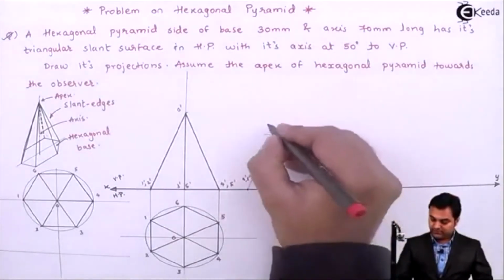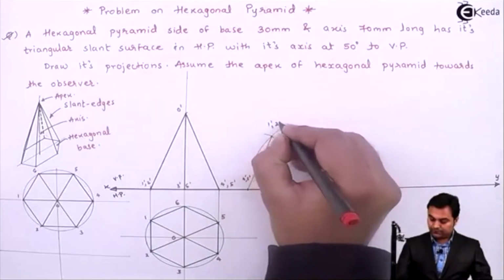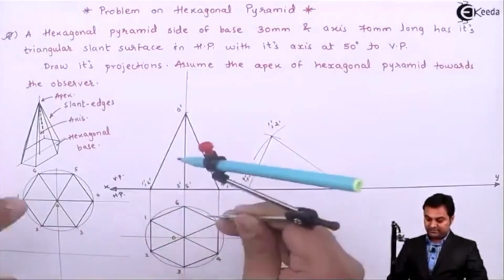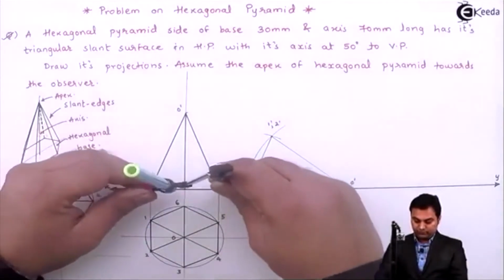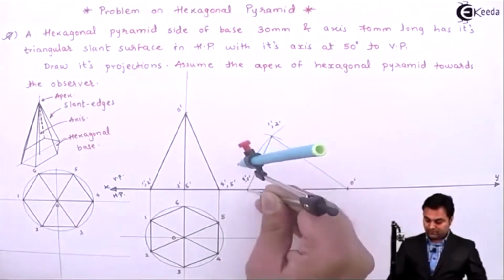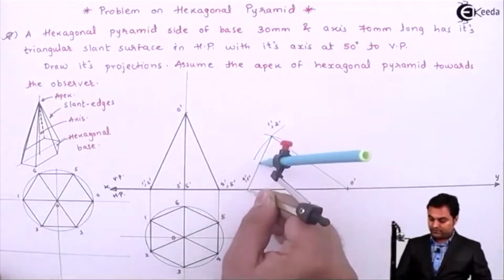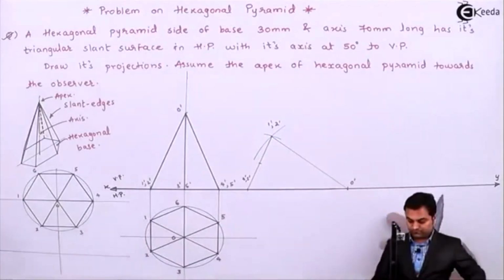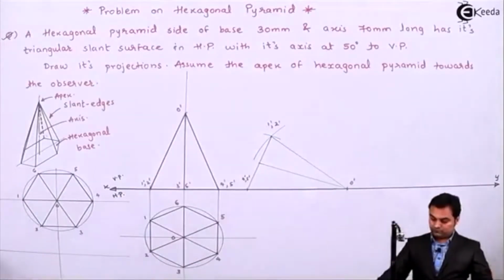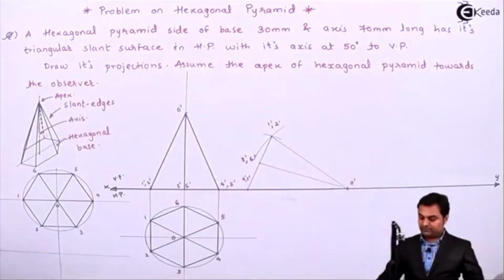Next, this will be point 1 dash 2 dash. Then I'll get 3 dash 6 dash as well. So measuring from 4 5 to 3 and 6, keeping it over here, marking it. Here we have 3 dash 6 dash.